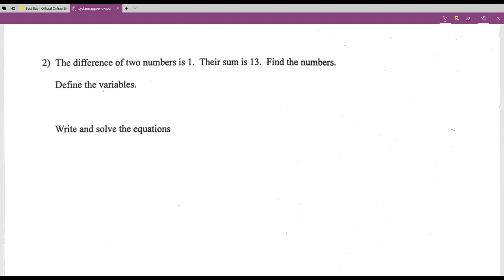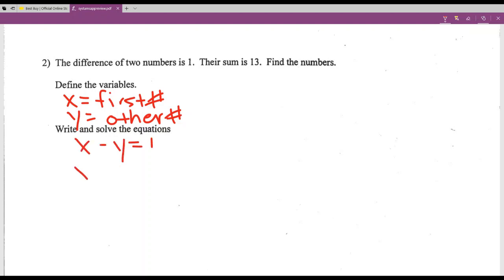So the difference of two numbers is 1, their sum is 13. Exact same thing. So x is the first number, y is the other number. The difference is still 1. Sum is 13.